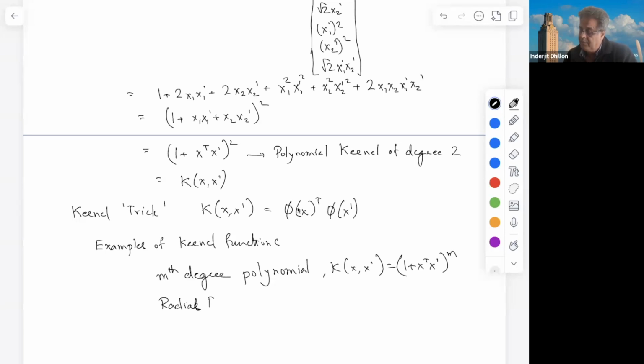That is k of x, x prime equals e to the power minus the squared distance between x and x prime, divided by c. c is a scale parameter.